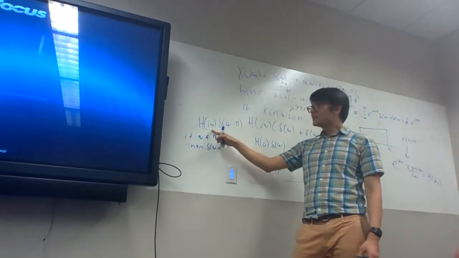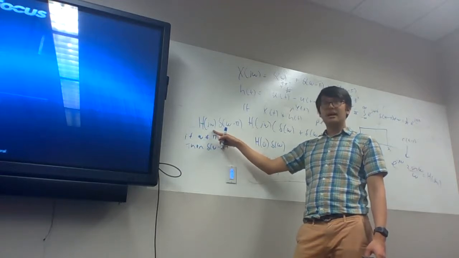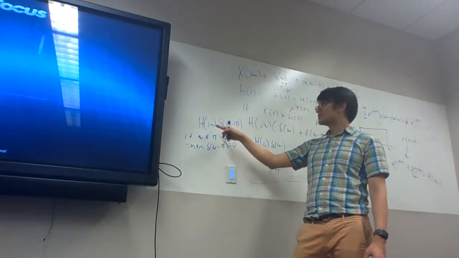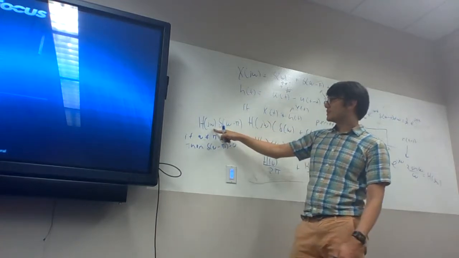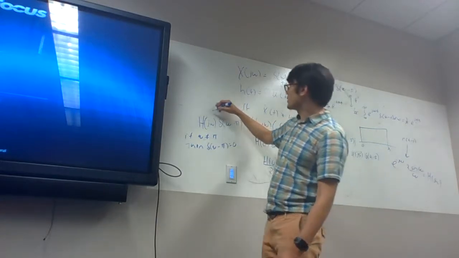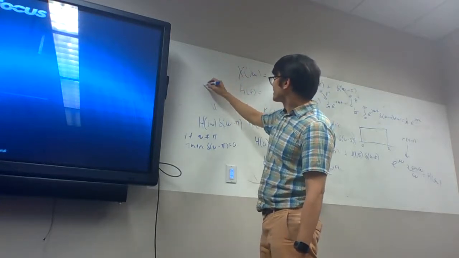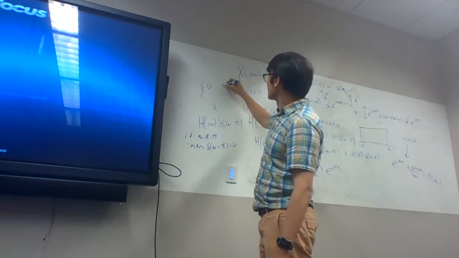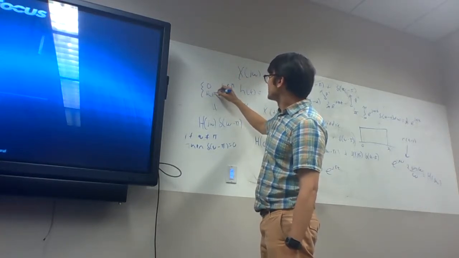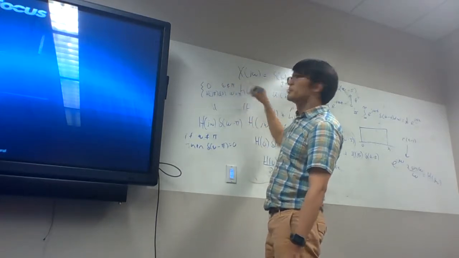So the only value of omega where this could change the result is when omega is equal to pi. So we can write this as equal to 0 for omega not equal to pi, and then h of j pi delta of 0 for omega equal to pi.